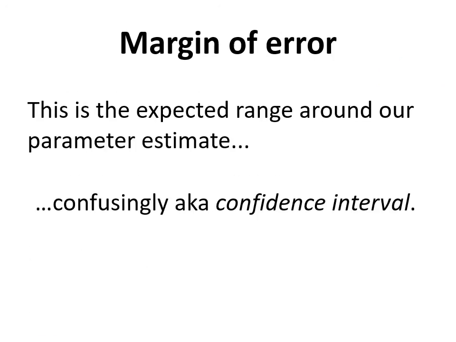So our margin of error, remember, is the expected range around our parameter estimate. In this case, our parameter estimate is a mean, and we figured out its minimum and its maximum, right? So that was just the mean plus the margin, the positive value.